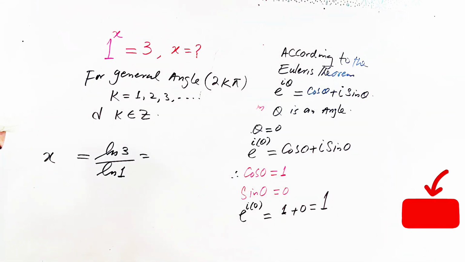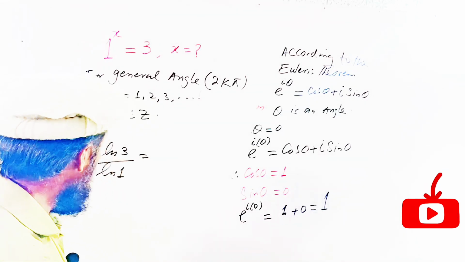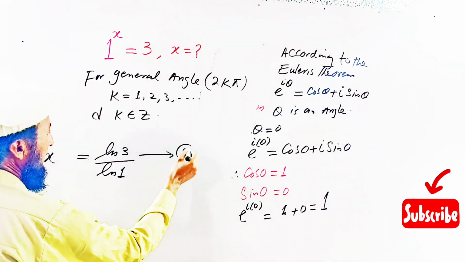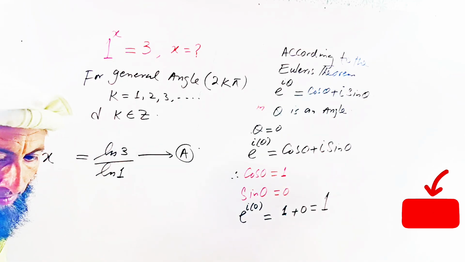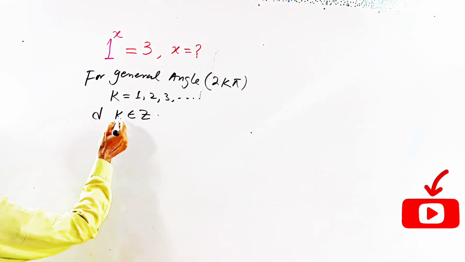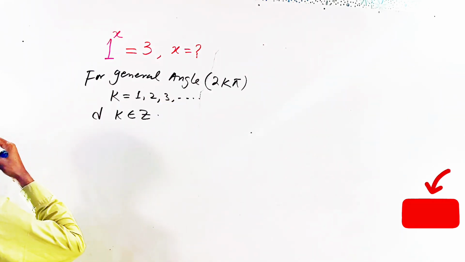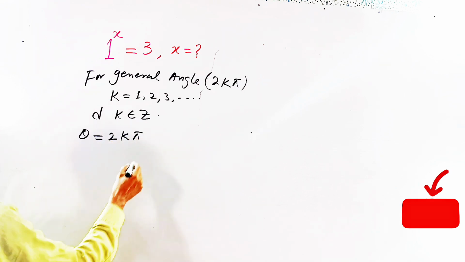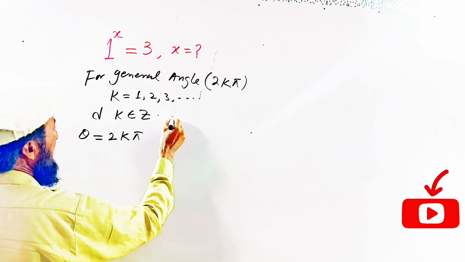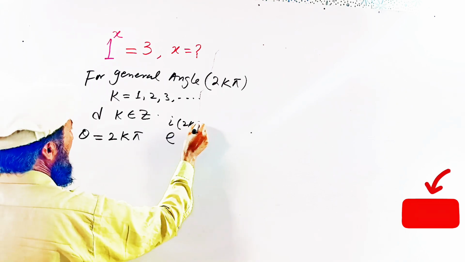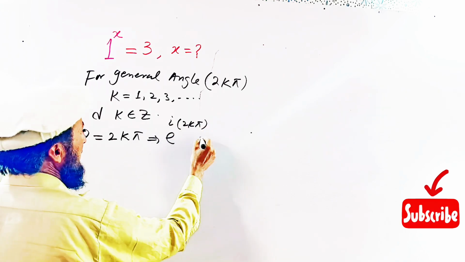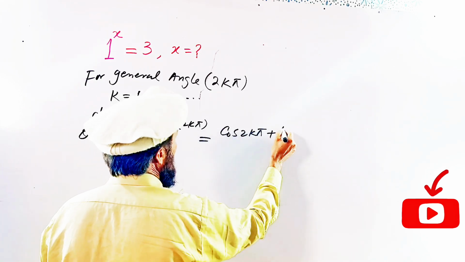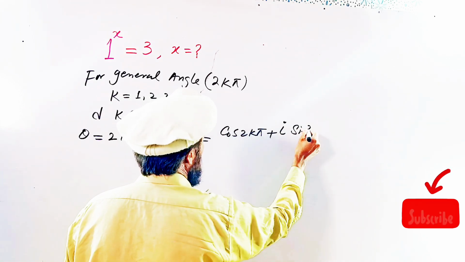For the general angles, we call this equation number 1, equation A. We put theta equal to 2k pi, so e exponent of i 2k pi reduces to the form cos 2k pi plus iota sin 2k pi.